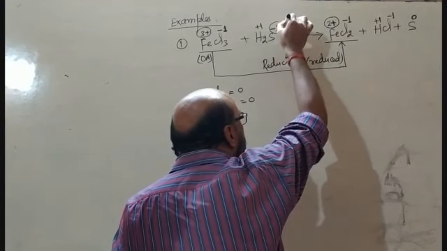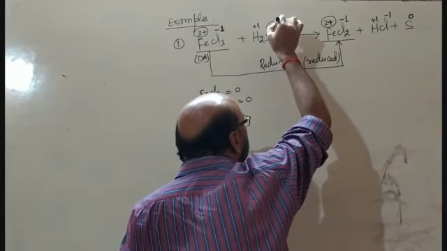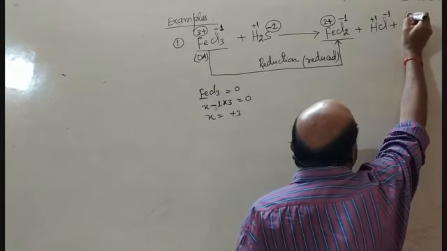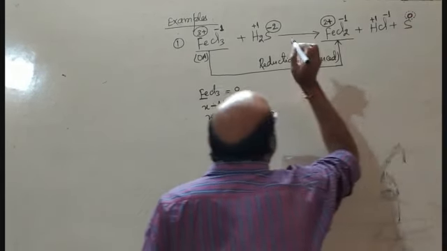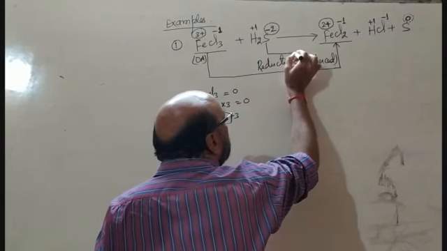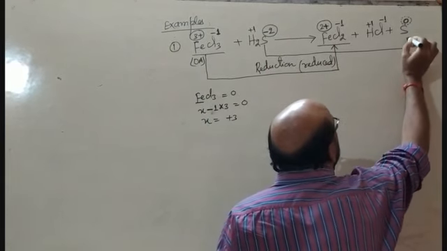sulfur, the oxidation state of sulfur undergoes change. It becomes 0 from -2. Means the oxidation state of sulfur is increased.